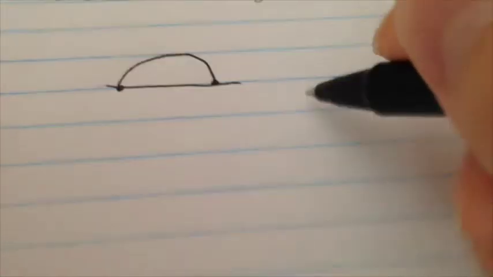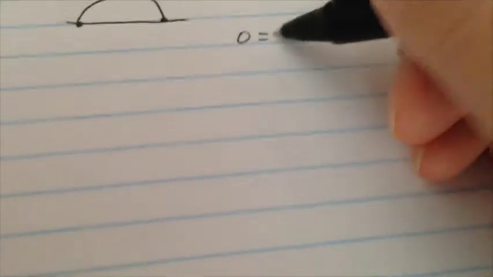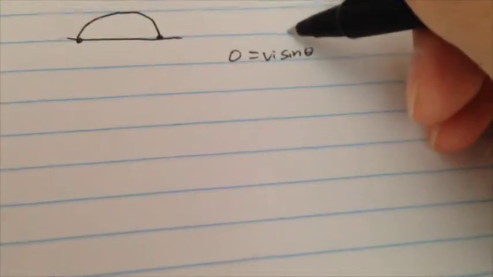Therefore, the displacement is 0. Now we will use a Big Five equation to solve for t, which is essential for us to solve the problem. So 0 equals Vi sine theta delta t minus half a t squared.